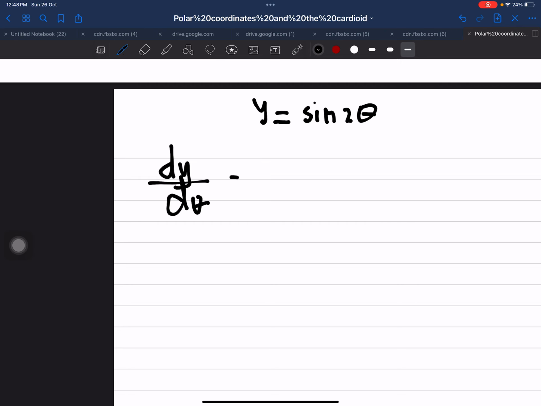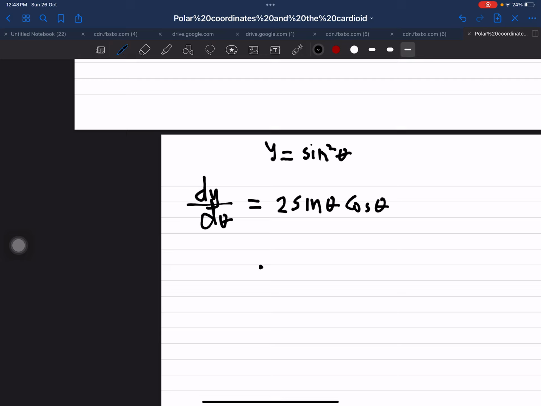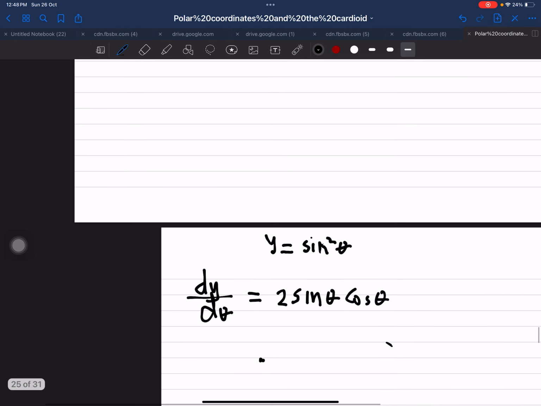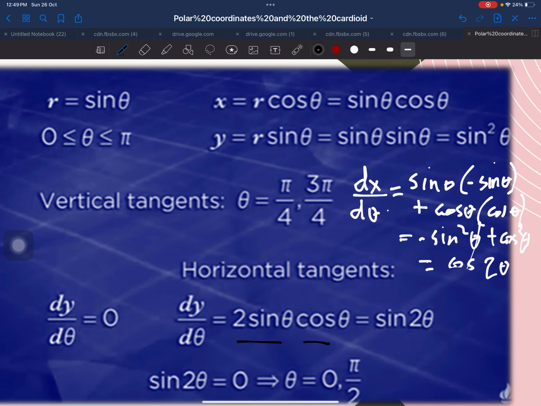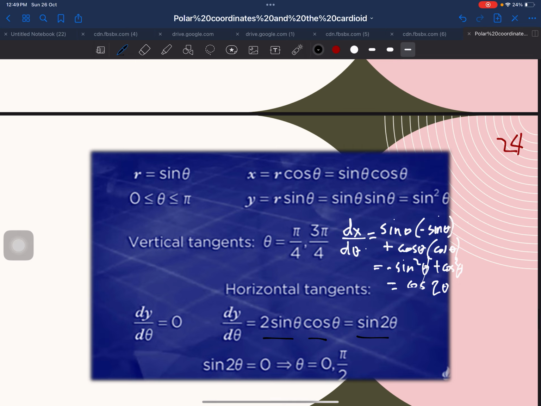What will this be? It's 2 sine theta cosine theta. If we go back, 2 sine theta cosine theta is actually sine 2 theta.